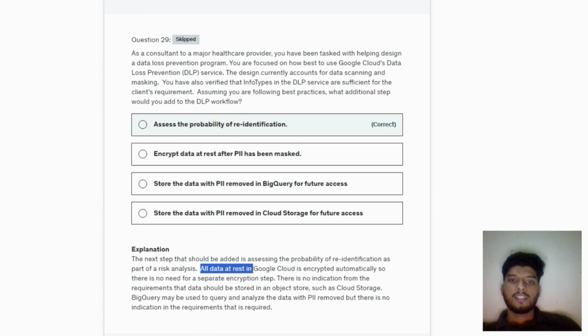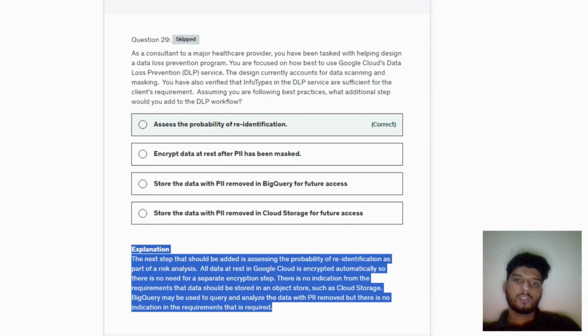All the data at rest in Google Cloud is encrypted automatically, so there is no need for separate encryption steps, and there is no indication from the requirement that it should be stored in an object store, such as Google Cloud Storage. BigQuery may be used to query and analyze the data with the bytes removed, and there is no indication in the requirement that it is required. And here is the explanation.